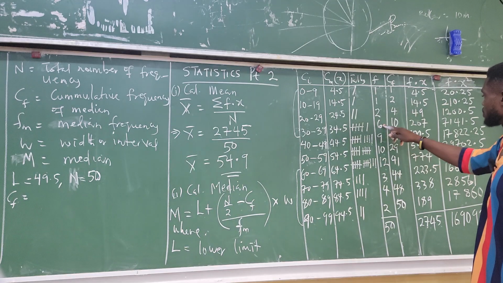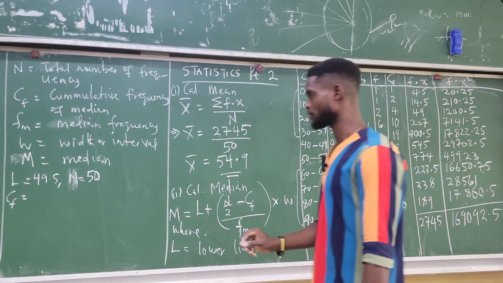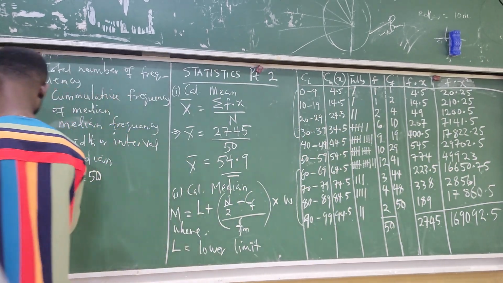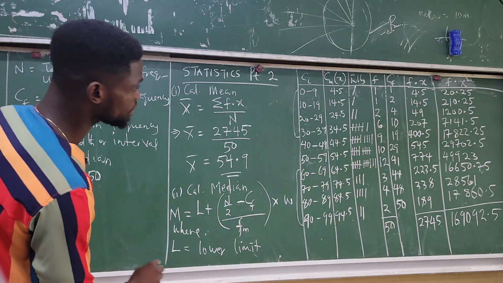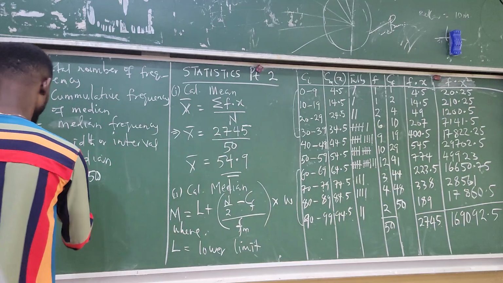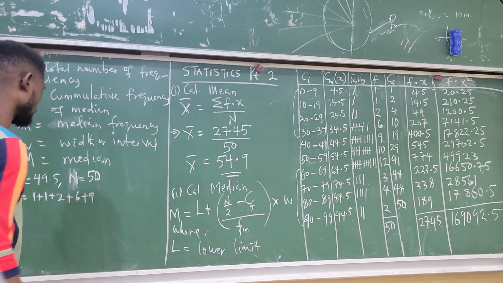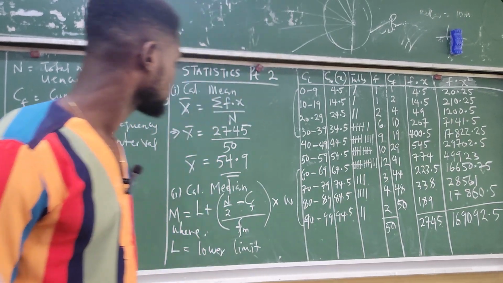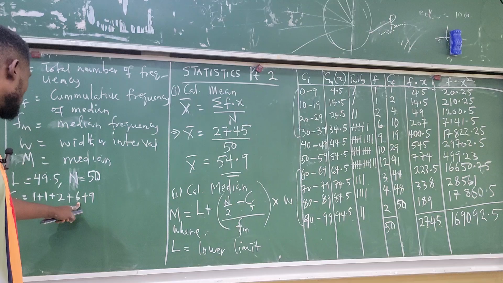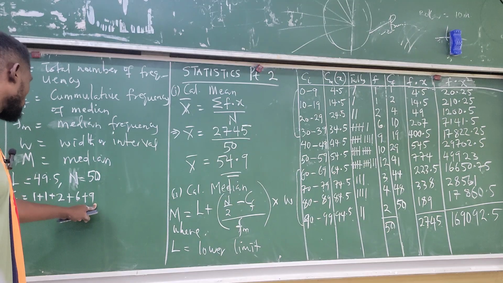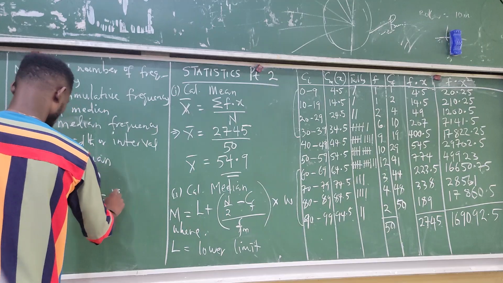That is 9 plus 6 plus 2 plus 1 plus 1, giving us 19. So we have 1 plus 1, 2, 2 plus 2, 4, 4 plus 6, 10, 10 plus 9, 19. So our CF is 19.